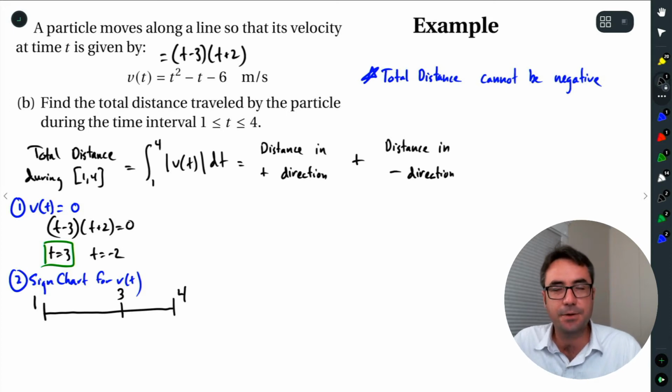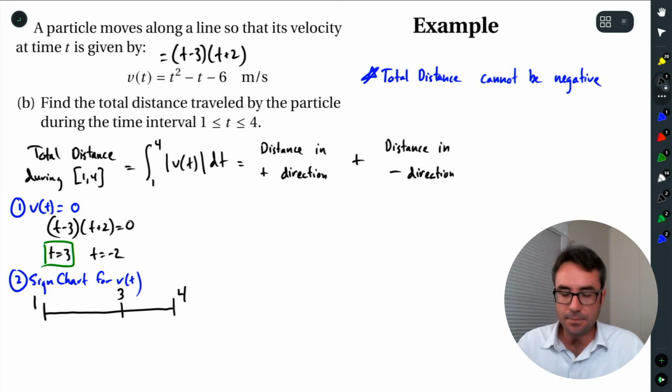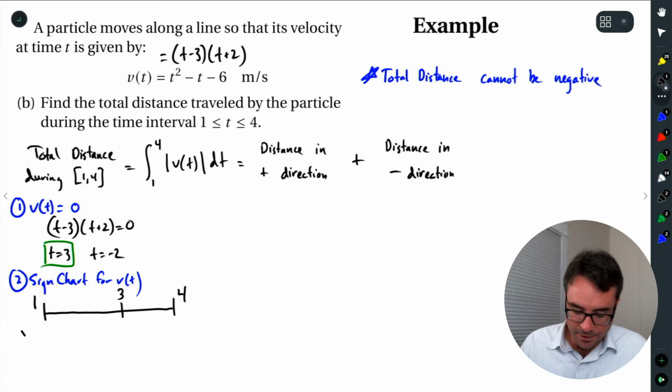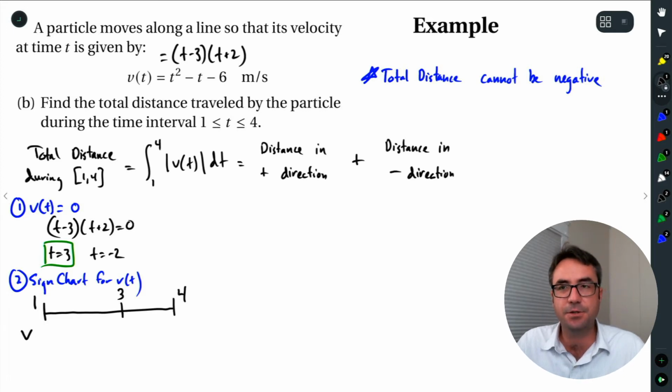So at time 3, we are interested in time 3. And so what we're going to do is figure out the sign of our velocity function on each of these smaller intervals, this interval from 1 to 3, and then the interval from 3 to 4. Why we're interested in time 3 is because that's where our velocity function is 0.